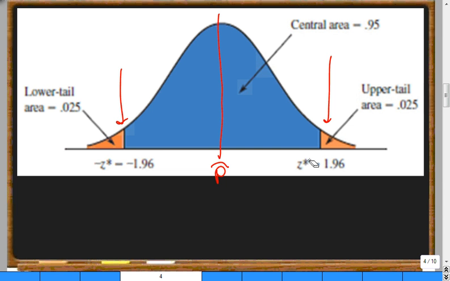Now, we'll have actual numbers later on, but 1.96 standard deviations above the mean, all the way down to negative 1.96 standard deviations, so 1.96 standard deviations below the mean, that is going to give us 95% of the area. So you'll see this quite often.